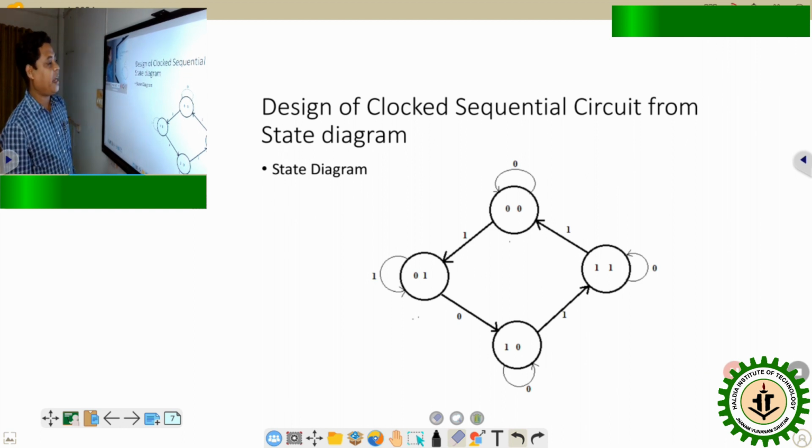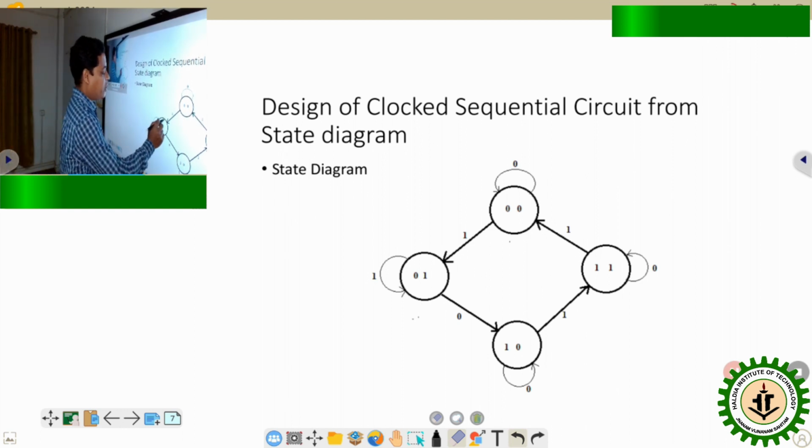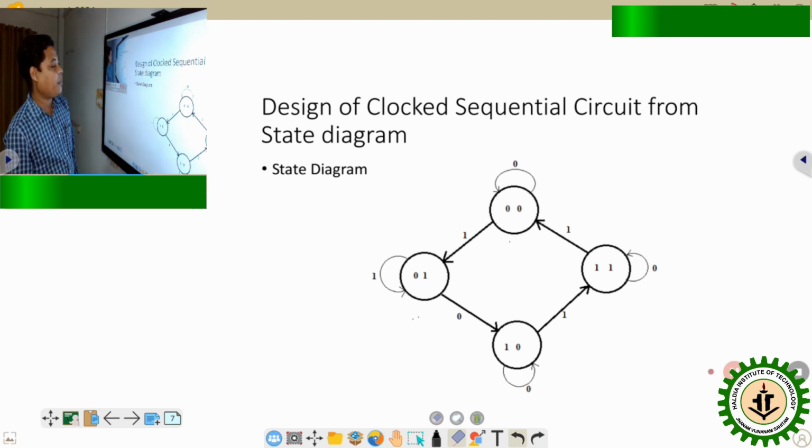This time it can be observed that on the arrow a single digit is present and the output part is absent. That means in this circuit, other than the state output, no separate output Y is available, but the input X is given, and based on the given input X and the present state, the state is changing from 0 0 to 0 1, 0 1 to 1 0, 1 0 to 1 1.